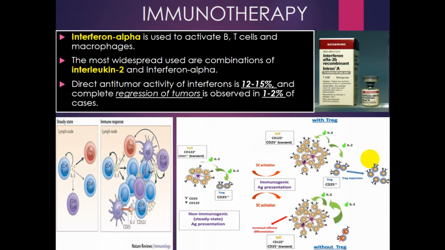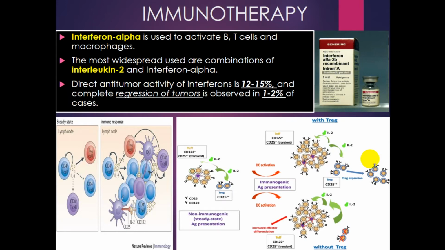Immunotherapy is well used too, but is very expensive because it's immune drugs. Interferon alpha is used to activate B and T cells and macrophages. The most widespread use a combination of interleukin-2 and interferon alpha.